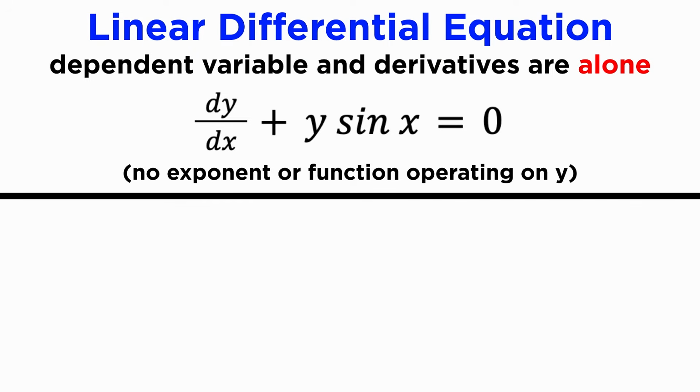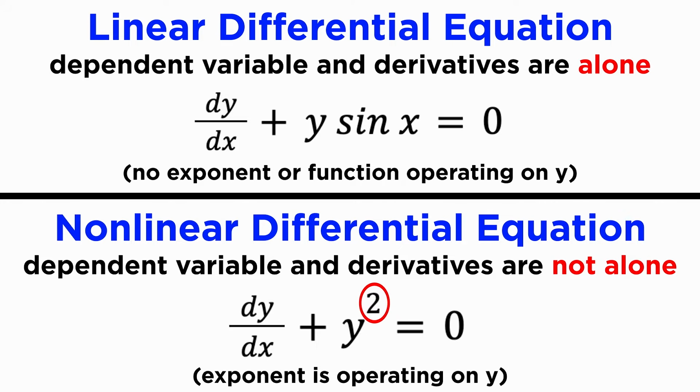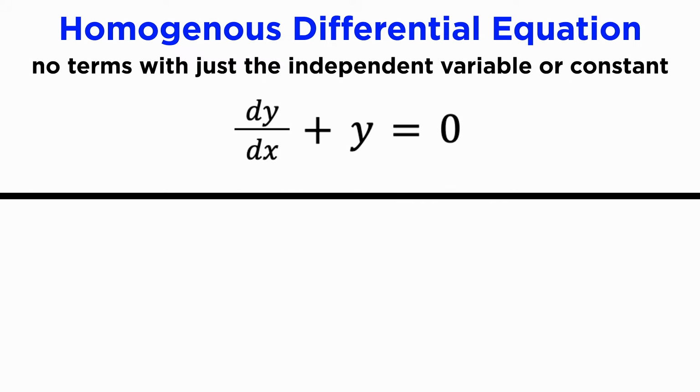We say that a DE is linear if the dependent variable and its derivatives are just by themselves, with no exponents or functions. If there are, then the DE is nonlinear. If the DE is linear, then we also say it is homogeneous if there are no terms with just the independent variable or a constant on its own.